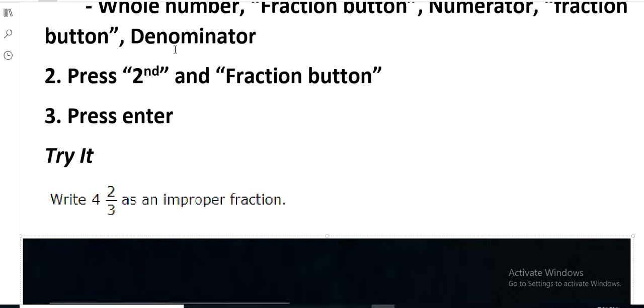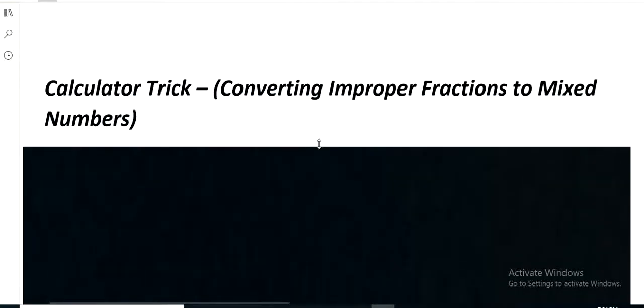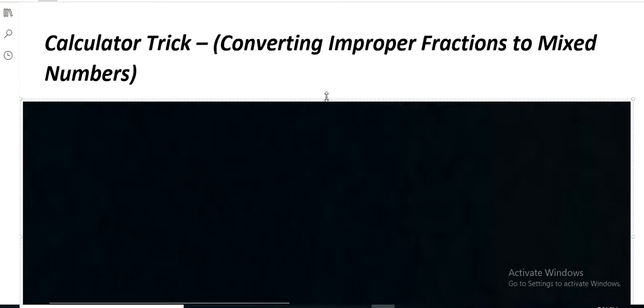Go ahead, try it out on this mixed number here, same mixed number we started the video with. One more. So we know how to use the calculator to go from mixed number to improper fractions.